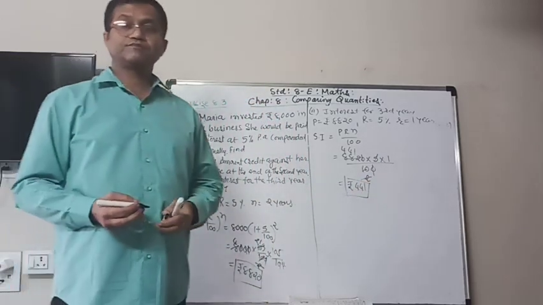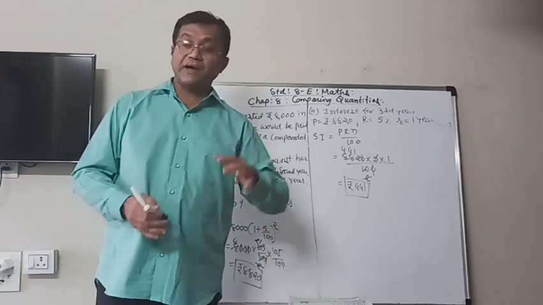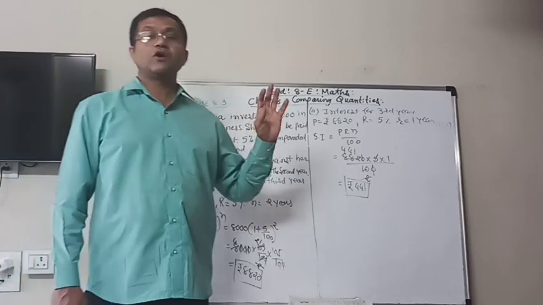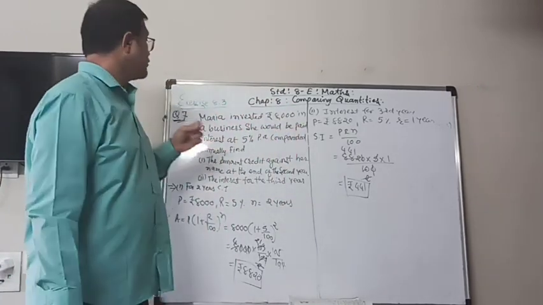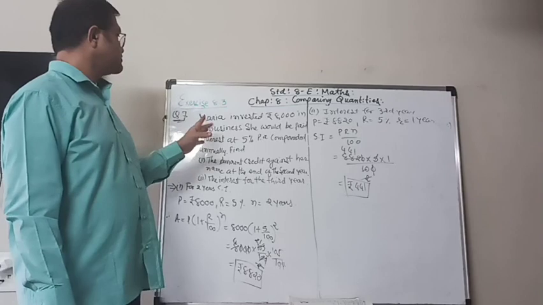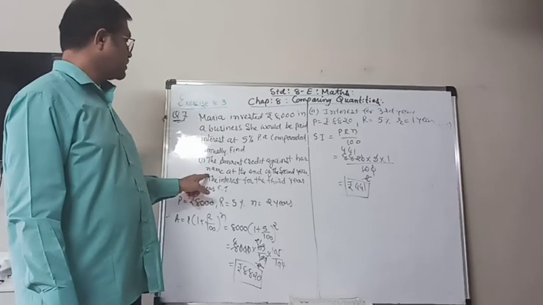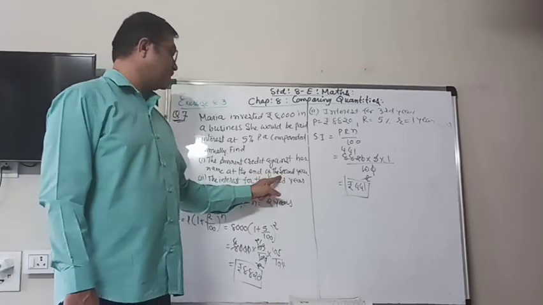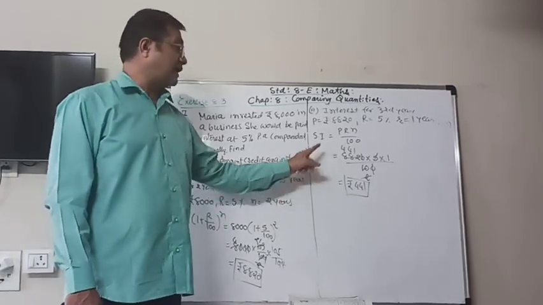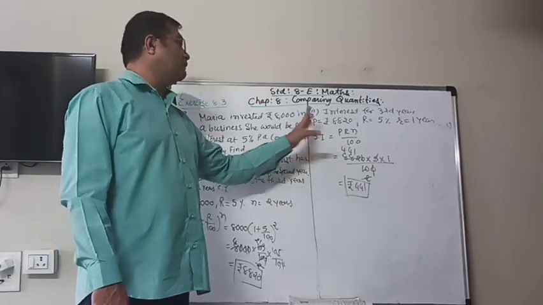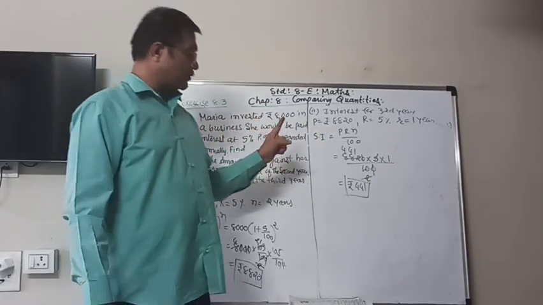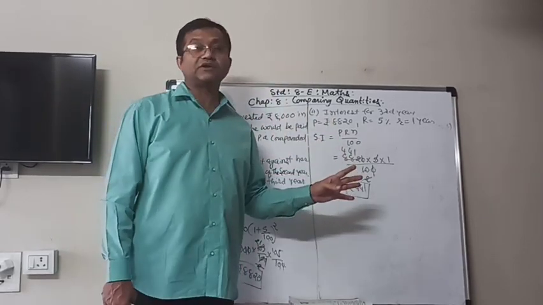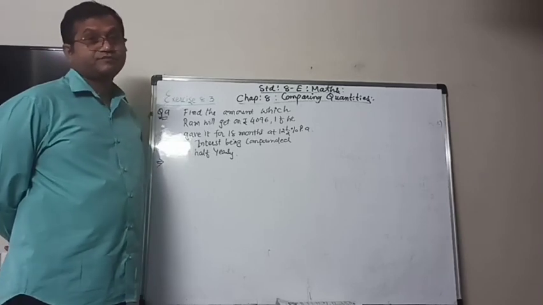So in the third year, the interest will be rupees 441. So in this way, you can see the interest and amount together after the end of the second year. And here, it is not the amount, but only the interest for the third year that is counted. Now the ninth sum.